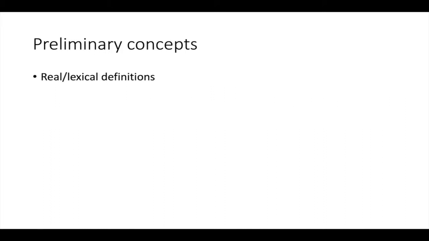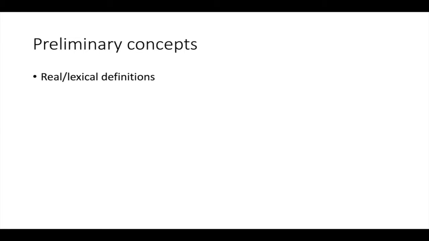Okay, the final preliminary concept that we get from this chapter is a distinction between real and lexical definitions. What does that mean? Well, when you look up a word in the dictionary, the definition you get is the lexical definition.